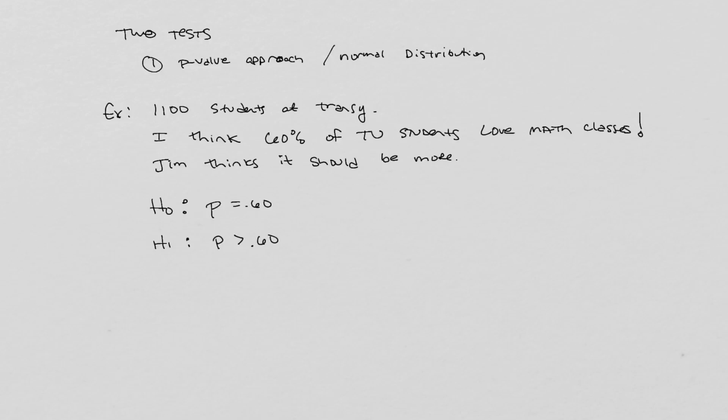Now, I don't know anything about the population, but let's check those three properties to see if we can use our normal distribution stuff. But before that check, let's take a sample of size 50.